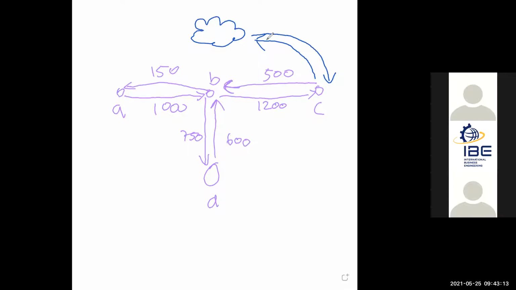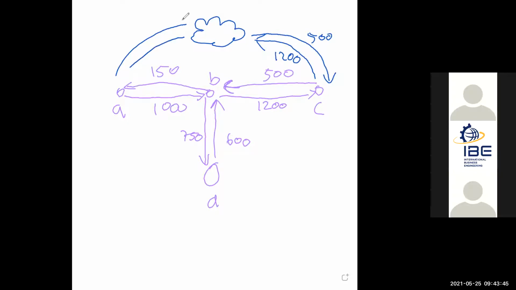Why? 1,200 minus 500. No. Going in is 500, going out is 1,200. From C to the cloud is 1,200, isn't it? Oh yeah, okay. The 500 is correct.